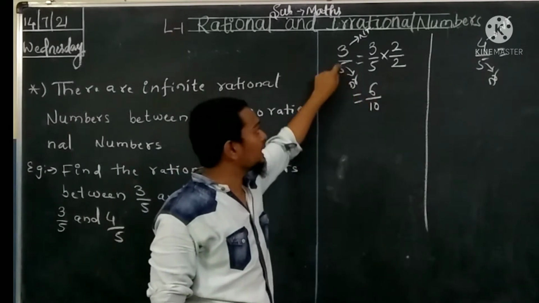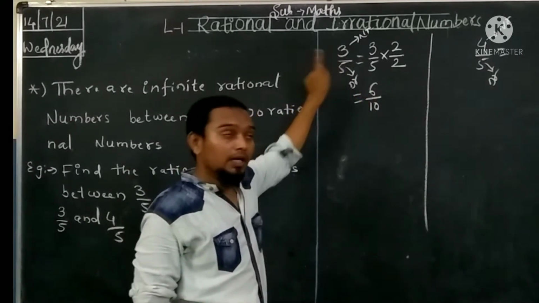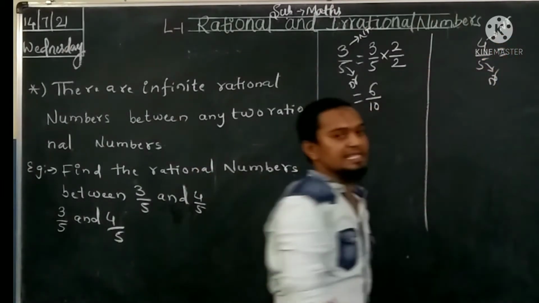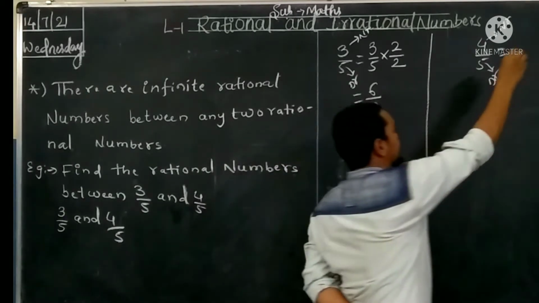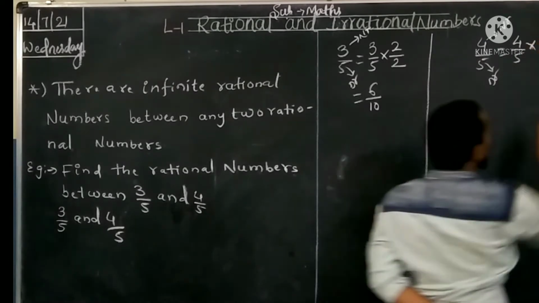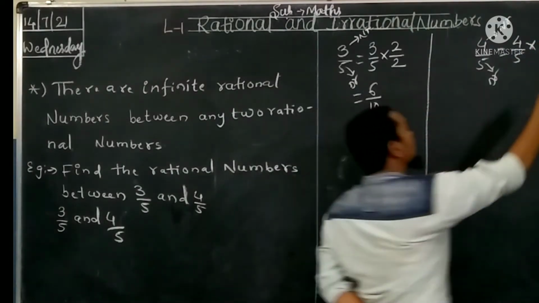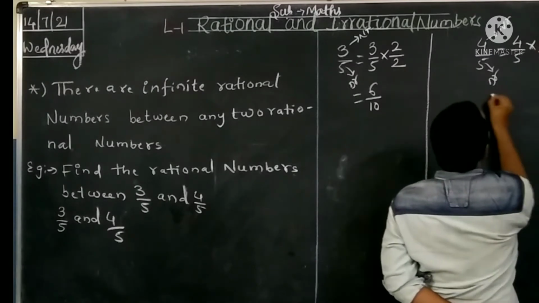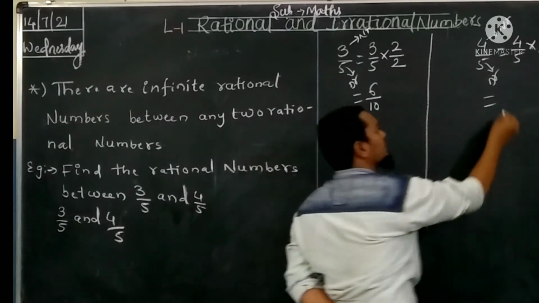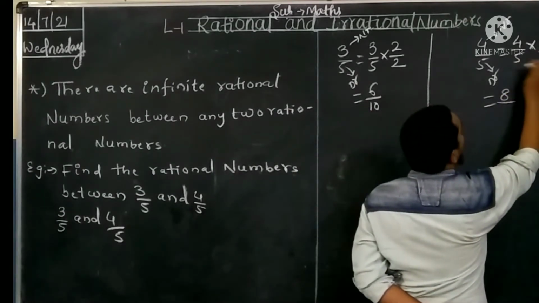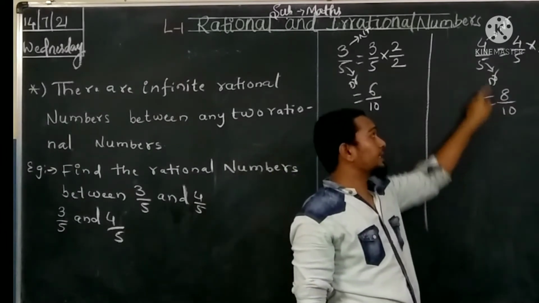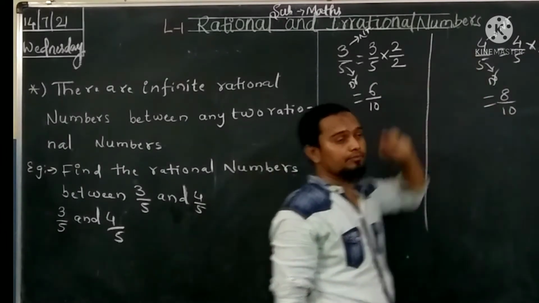Next, 4 upon 5 is multiplied by 2 upon 2. Therefore, 4 2s are 8 and 5 2s are 10. Therefore, 8 upon 10 is equivalent to 4 upon 5.